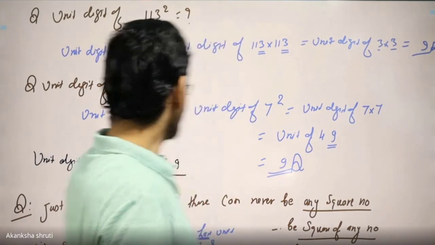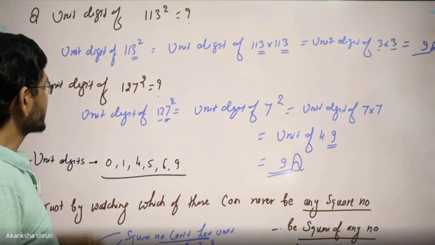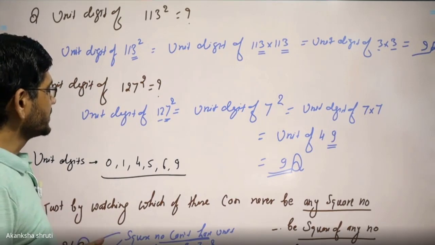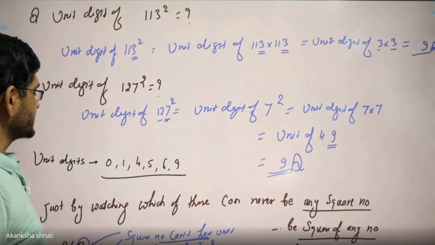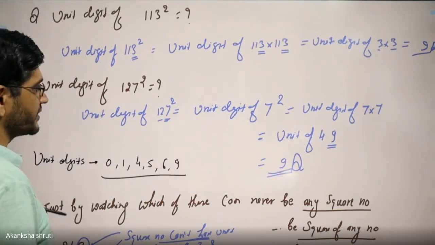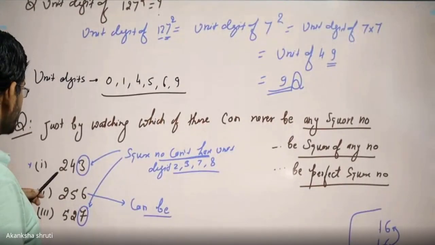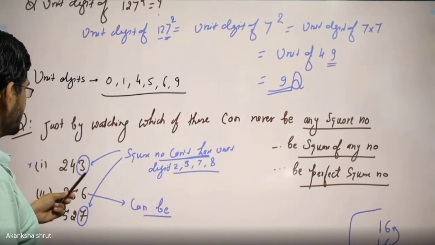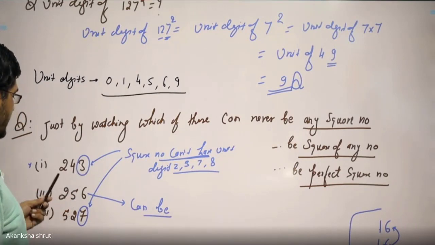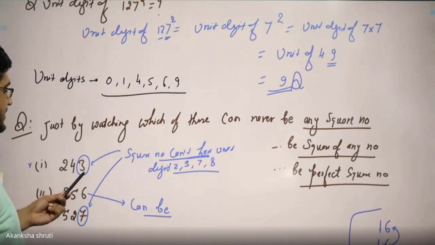Students, no square number can have the unit digit 2, 3, 8, 7. They are not possible. So if we are given any number and we have to check whether it is a square or not, like say 243, then just by observing the unit digit we can say no, it cannot be a square.